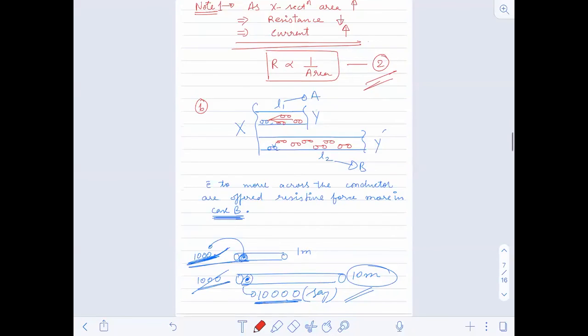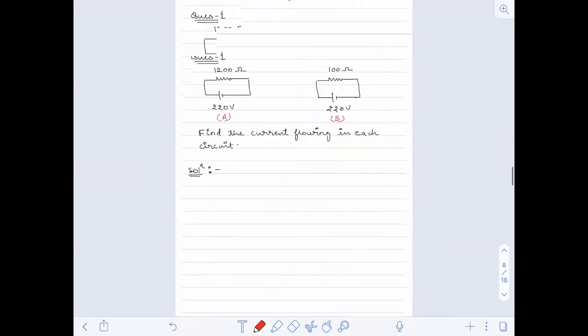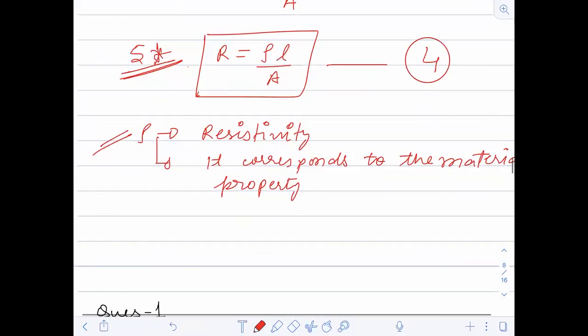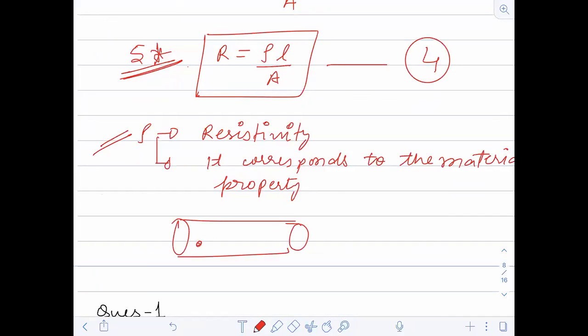Just try to understand it. If an electron is here, it will move like this when connected to a source.